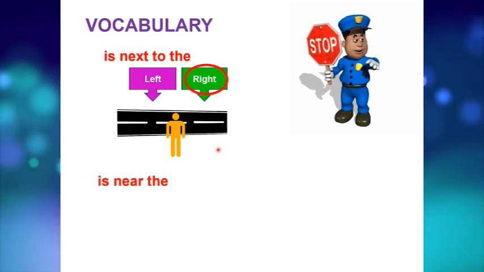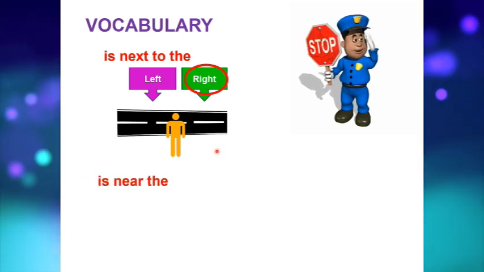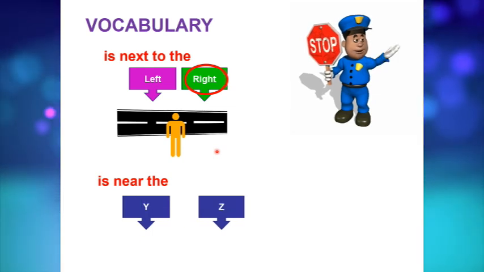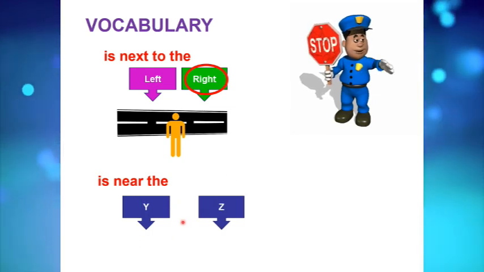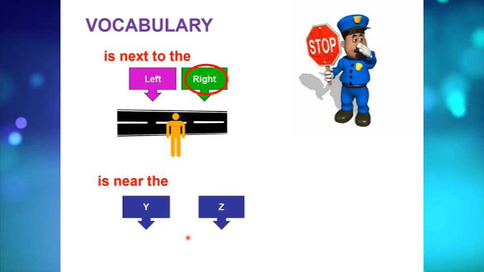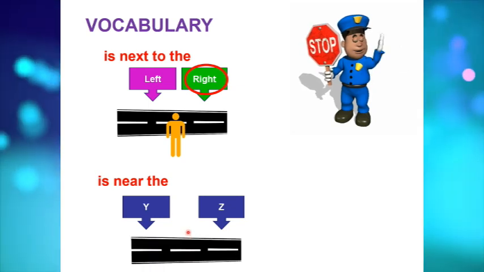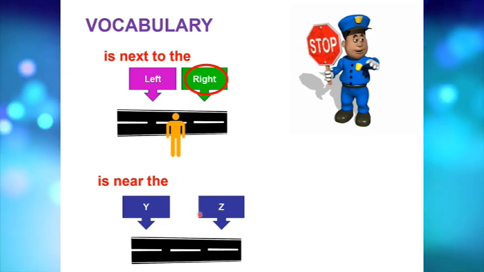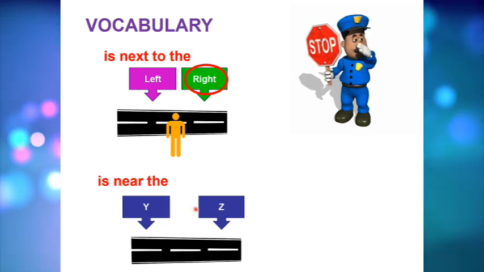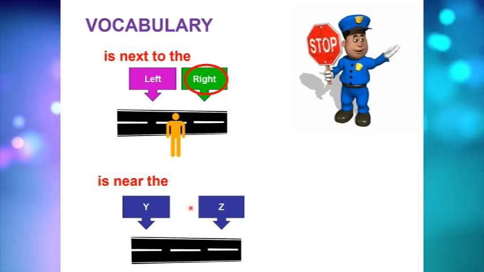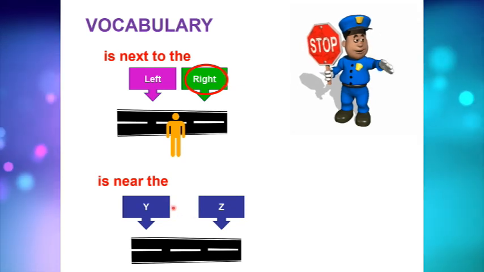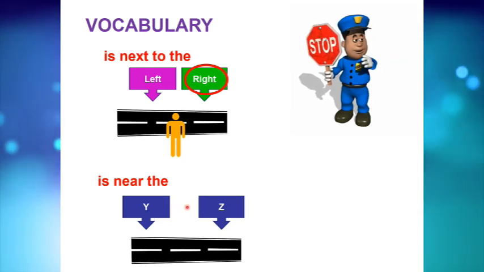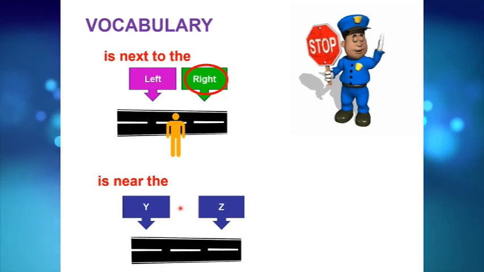Next phrase is "near the." As you can see in this illustration, we have building Y and building C. Now this is near because it's not too far. There is a distance here, but pretty close.